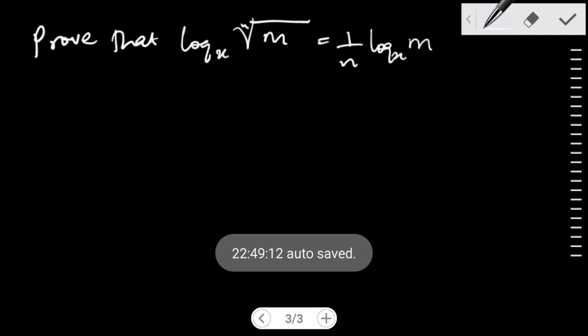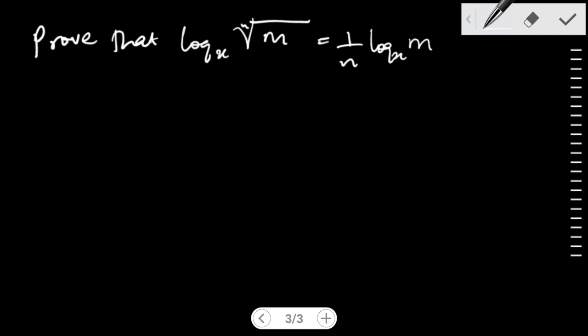So to prove this, what we are going to do, we know that, if you look at this, it is the same as having log x m to the power 1 out of n.